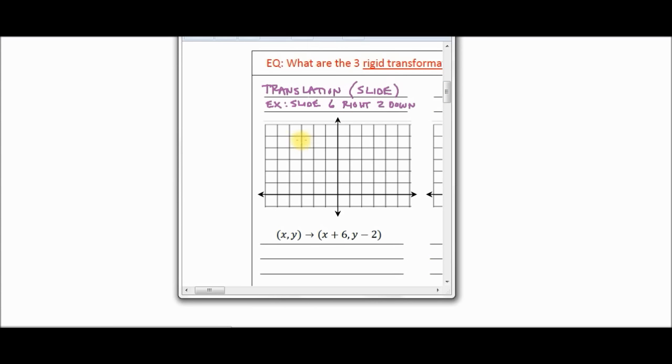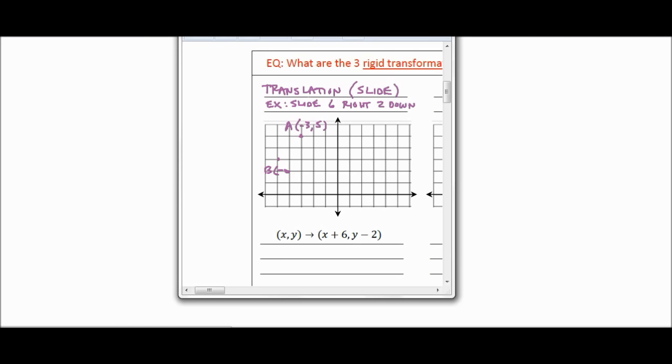I'm going to put some points on the graph for you. Let's say this is point A. Looks like -3, 5. Then we're going to put a point B here. And that looks like it's -5, 3.